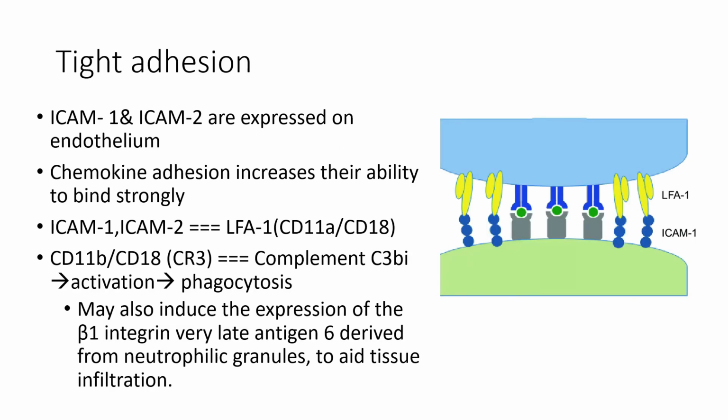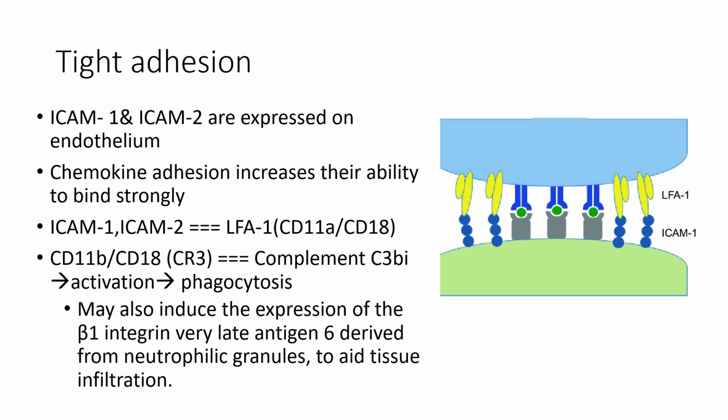Tight adhesions are formed by integrins. Beta 2 integrins have alpha and beta chains. Alpha chain is called CD11 and beta chain is called CD18. This CD11 is further divided into three subtypes A, B and C. CD11A variant is responsible for formation of LFA1.